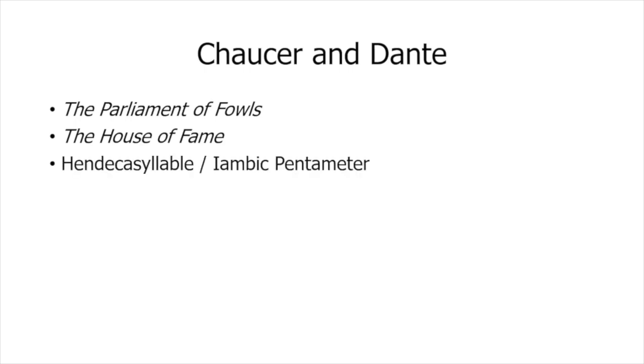But perhaps the most important influence of Dante on Chaucer is the hendecasyllable line. Hendecasyllable is the standard or most common poetic line or meter in classical Italian poetry. And that's true of Dante, but also Boccaccio and Petrarch and many poets after them.